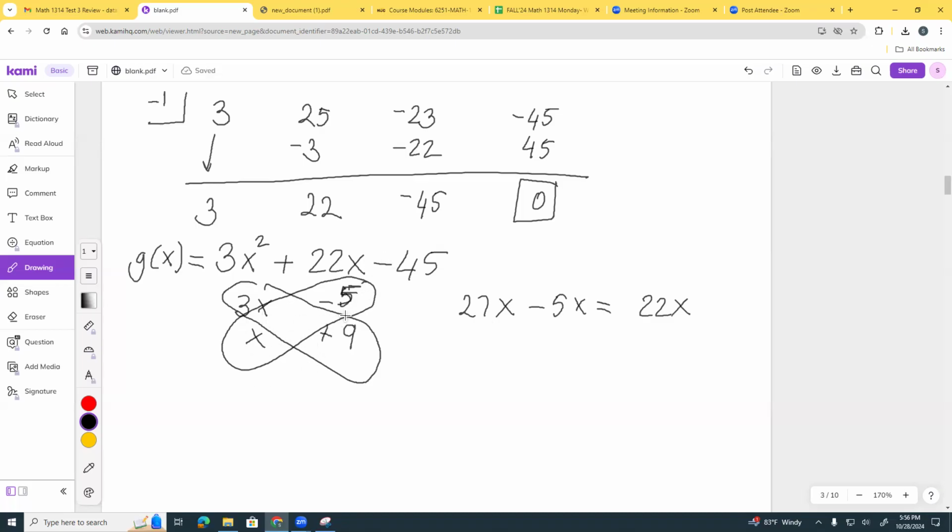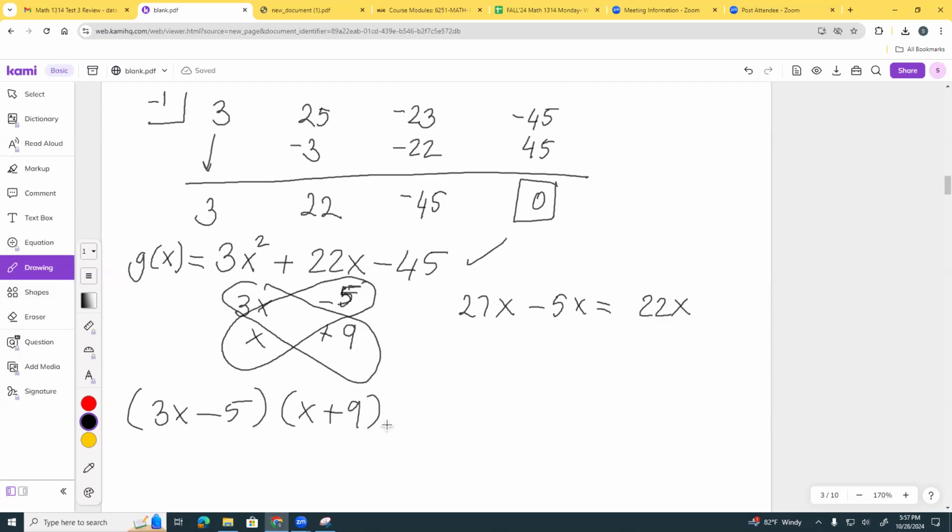I do this quick and easy because again, I have done pages and pages of factoring problems. So when I do the factoring practice with this type of questions, I am able to recognize the numbers in my head. This means this g of x will be factored as 3x minus 5 and x plus 9.